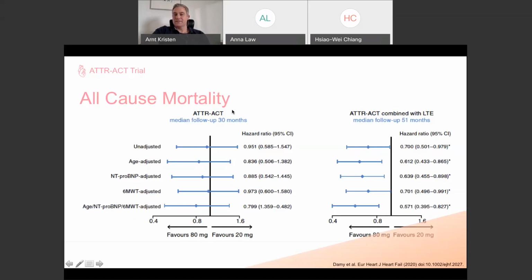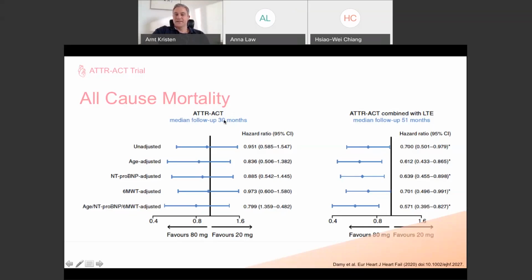Looking at safety, there was no difference between patients treated with tafamidis, so the pooled tafamidis group, in comparison to the placebo cohort.